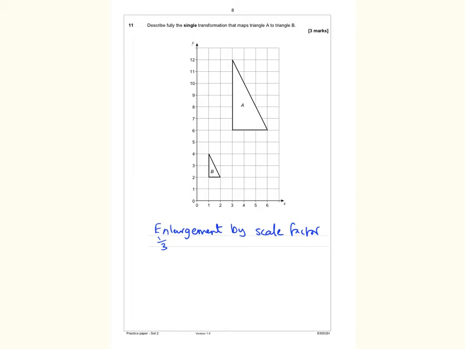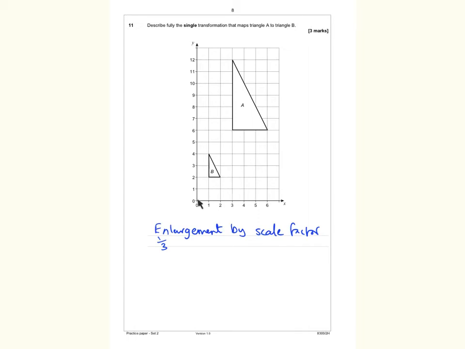The best way to do that is to draw a straight line from this corner to the corresponding corner there. You can actually see it's going through like that. Then a straight line that way and a straight line there, and see where they meet. In this case, I can see that this is 1 away there and then 2 up, and that it was 3 and 6 up.